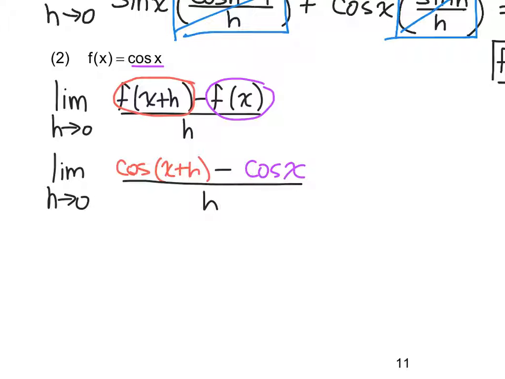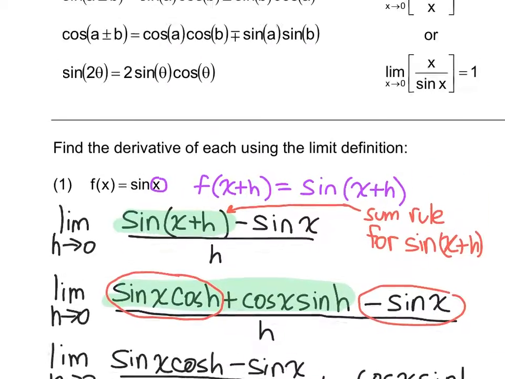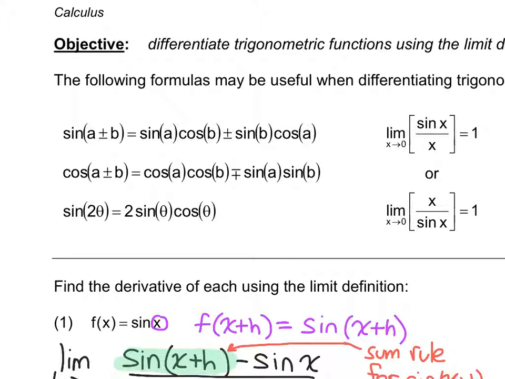Now, this next step is going to require a little bit of prior knowledge. You have it at the top of your page. It's one of those double angle rules, one of those expansion rules for the sum of two angles within a cosine function from Algebra 2 and pre-calc.